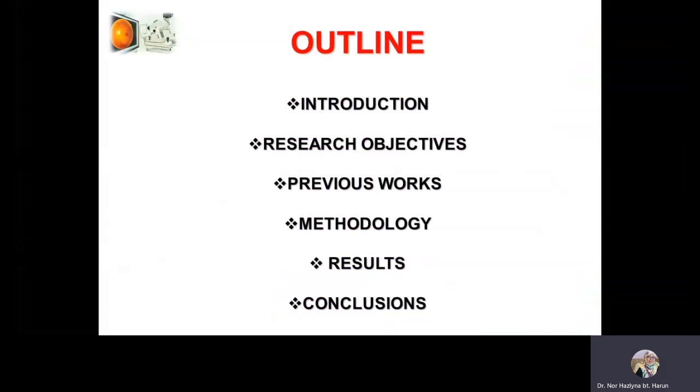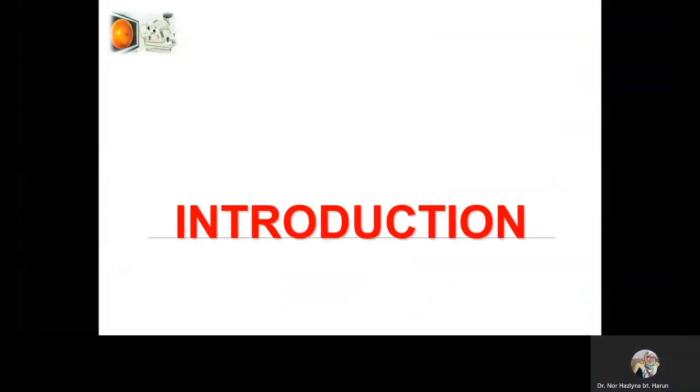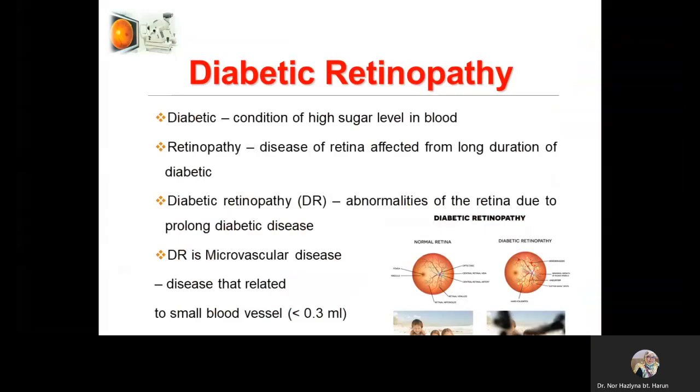The outline for my presentation includes introduction, research objectives, previous works, methodology, results, and conclusions. As an introduction, what is diabetic retinopathy?